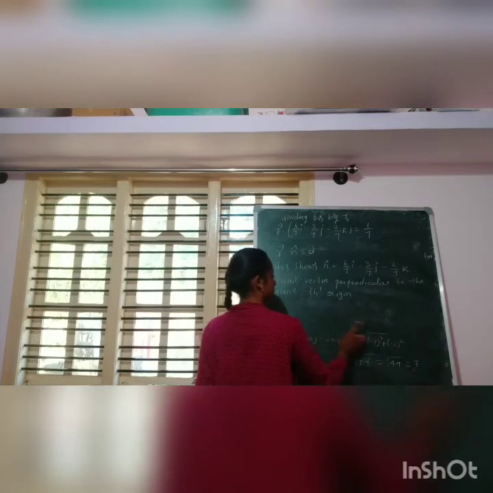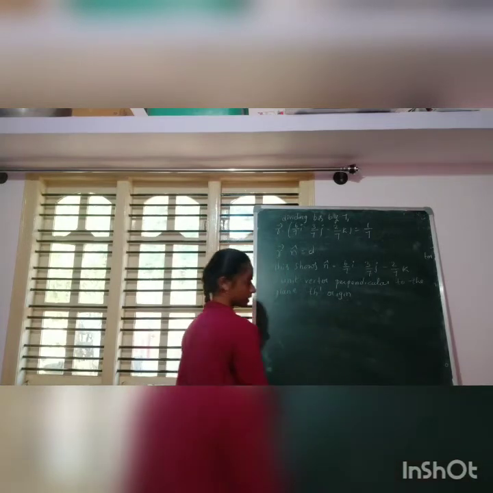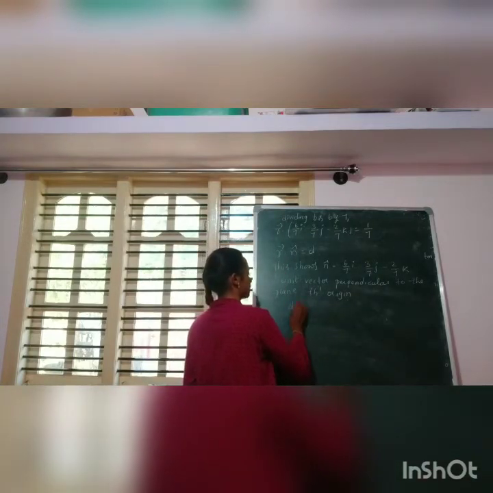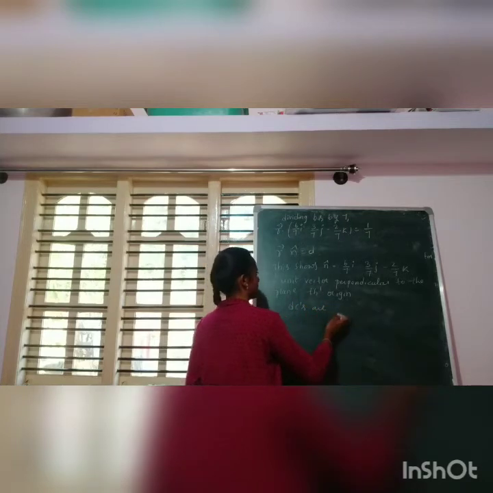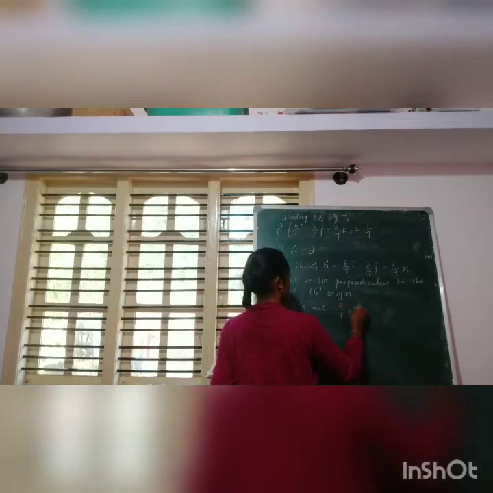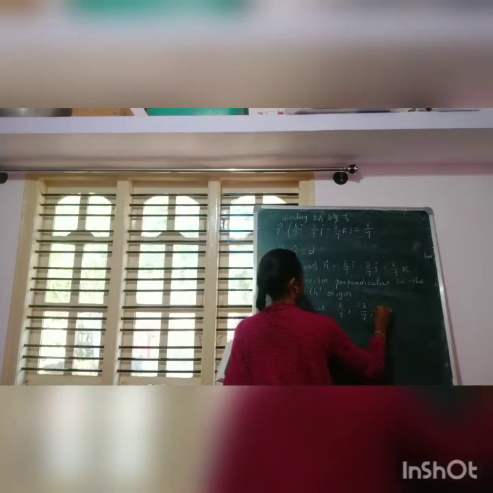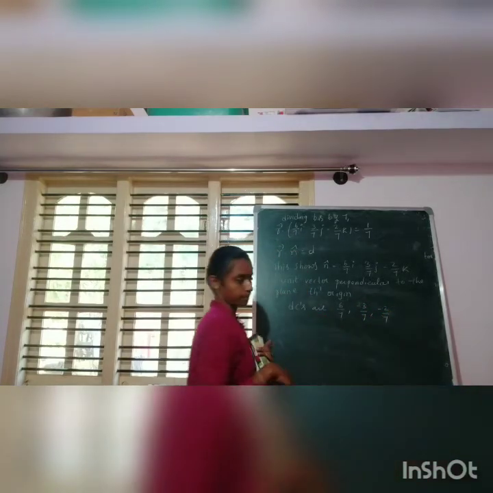Hence I can write the direction cosines. Direction cosines are 6/7, minus 3/7, minus 2/7.